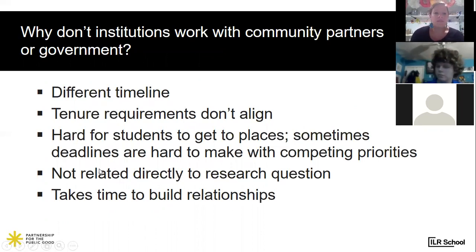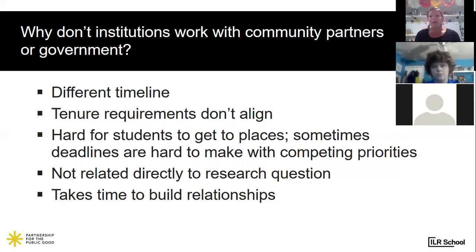So there's also a lot of different reasons why institutions, like institutions of higher education, can't really work well with community partners or government. So sometimes they have different timelines. So thinking about you, if you're a student, you have somewhat limited amount of time. You had a pre-course leading up to your experience, and then you have 8 weeks this summer to do your project.